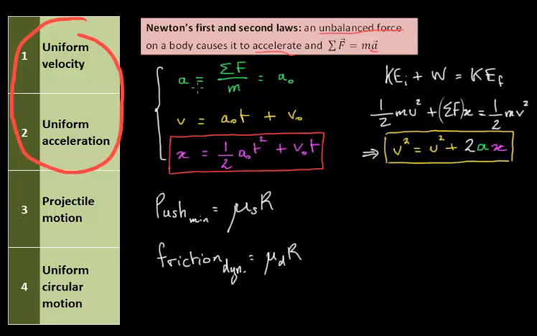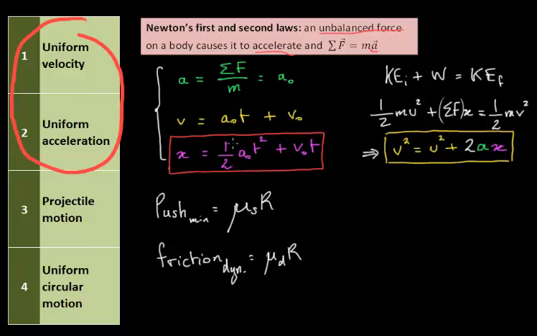Then I have an acceleration equal to some constant, which means we're in the case of uniform acceleration, and in the case of uniform velocity, it would just mean that a is equal to 0.